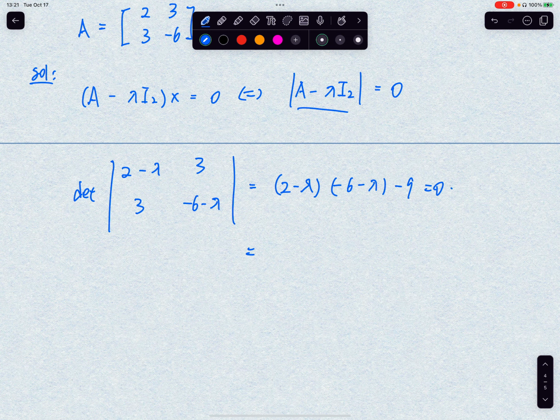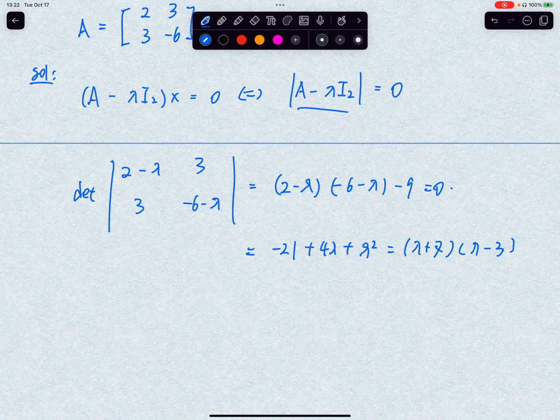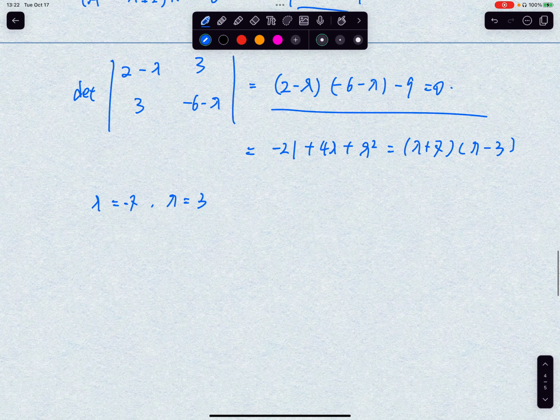So we have minus 21 plus 4 lambda plus lambda squared, that is (lambda plus 7) times (lambda minus 3). So we have that when lambda equals minus 7 and lambda equals 3, this equation is satisfied. So these two values are the desired eigenvalues.